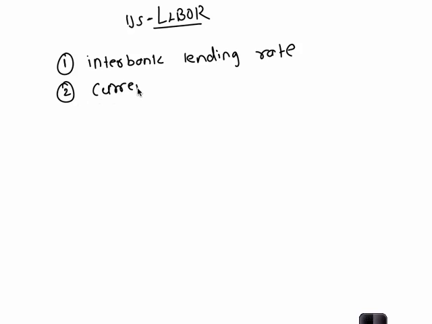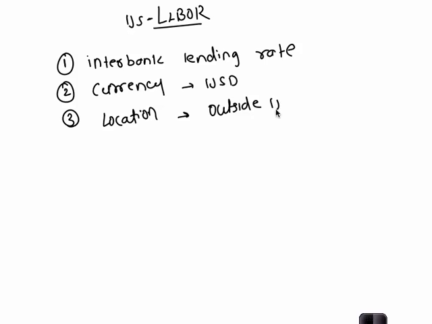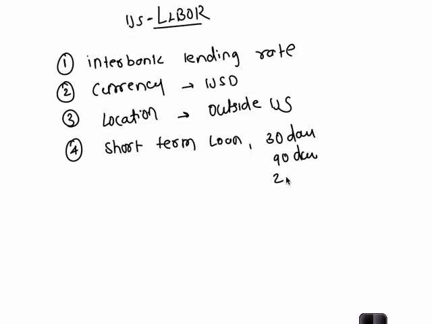Second, the currency is US dollar. Third, location of the transaction has to be outside US. Fourth, it is a short-term loan, and maturity could be 30 days or 90 days or 60 days or 270 days or 360 days.